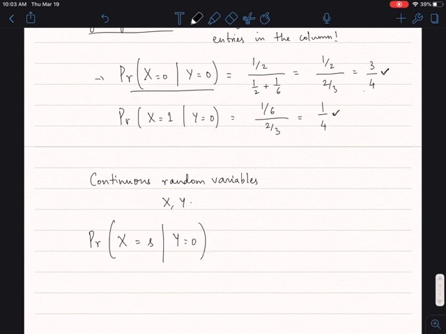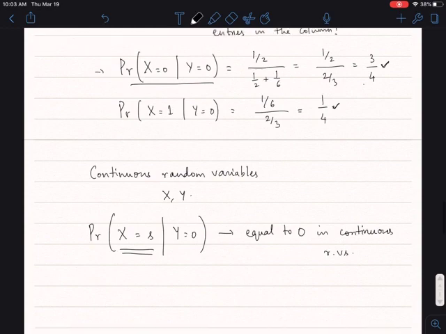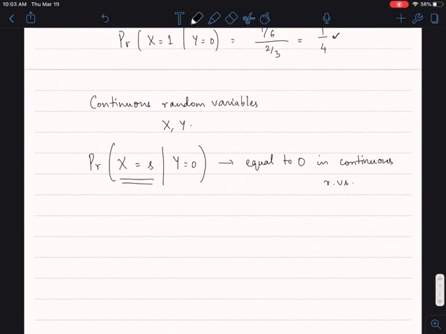Of course this value will be equal to 0 in continuous random variables, and the reason is that for continuous random variables, the probability that x is exactly equal to any value is actually 0. So we should actually be talking about the conditional distribution.